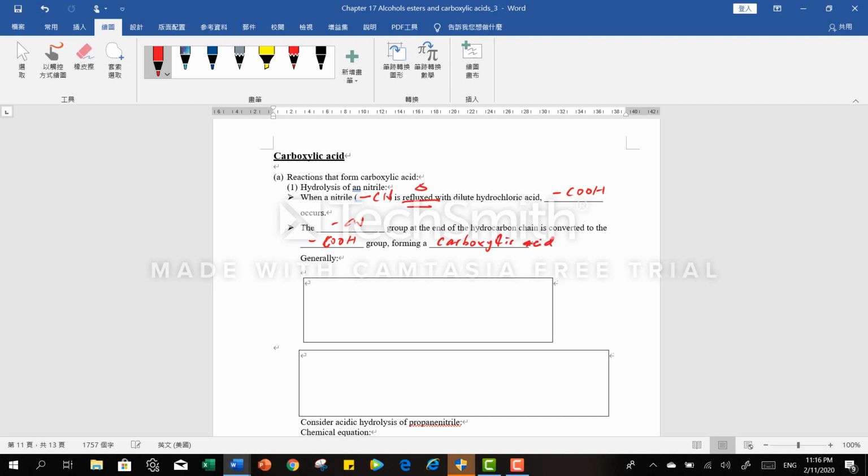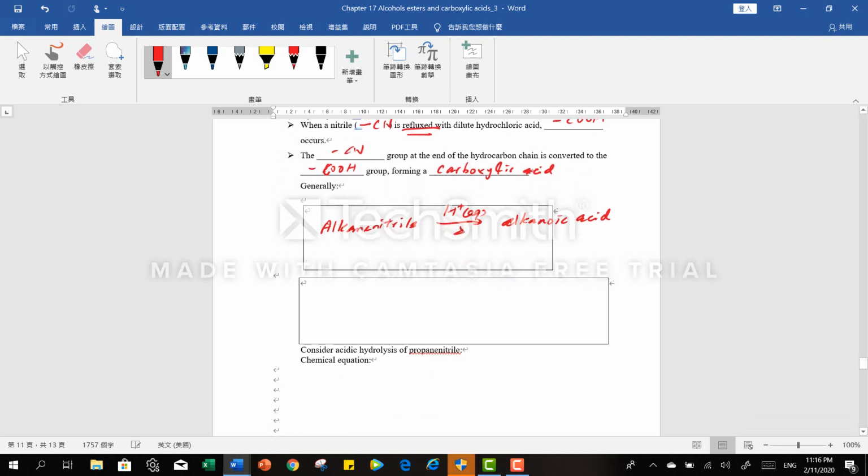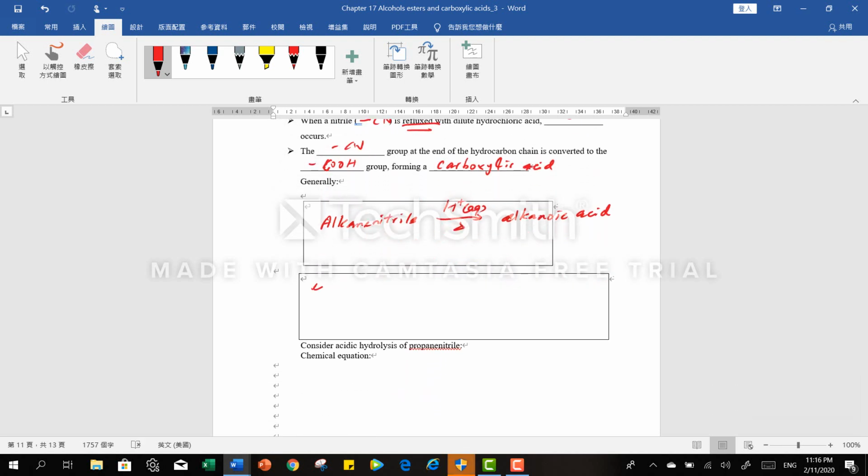okay? So generally, you're doing an alkene nitrile. So you heat it in acid, it becomes carboxylic acid, or you can call it alkenoic acid. They are the same, okay? So, for example, if you have CH3CN, then you heat it.